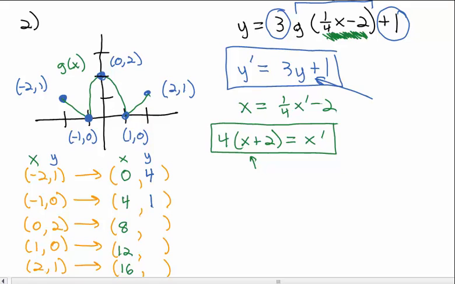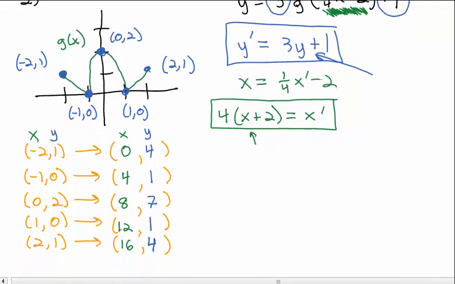Plug in 2. 2 times 3 is 6, plus 1 is 7. Try 0. 0 times 3 is 0, plus 1 is 1. Plugging in 1. 1 times 3 is 3, plus 1 is 4. And so now we have our new coordinates.